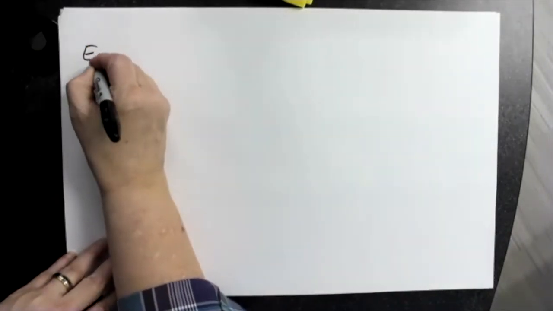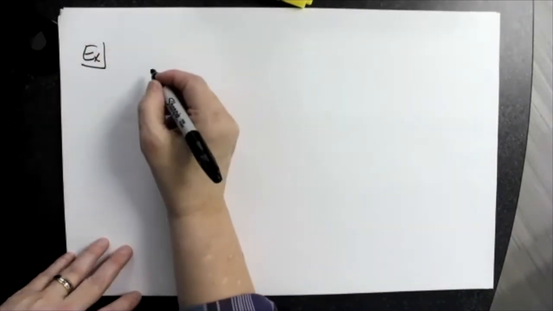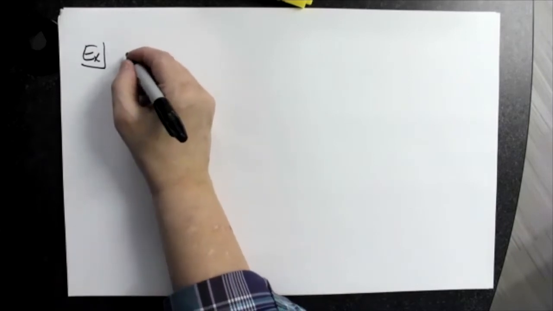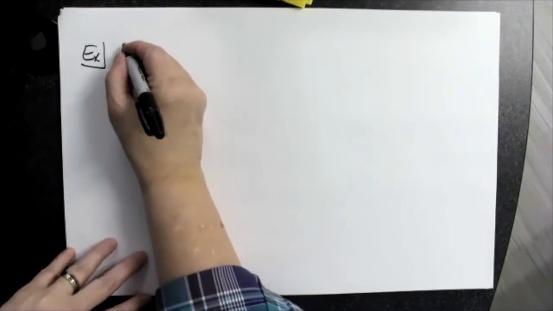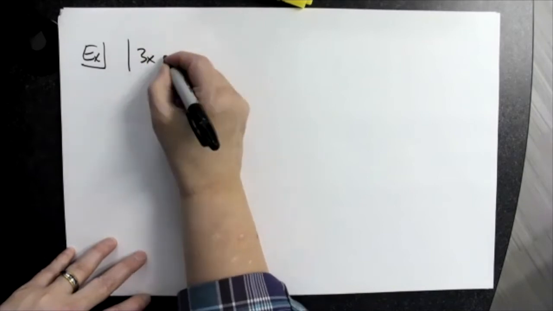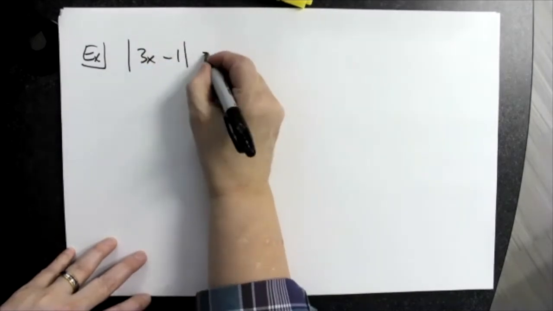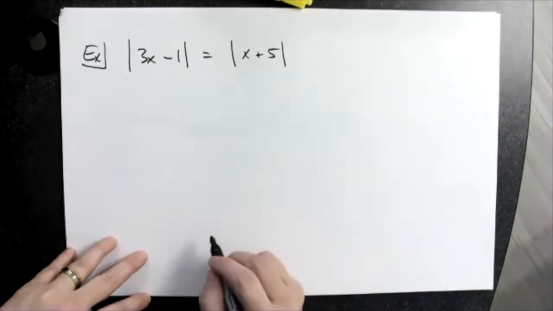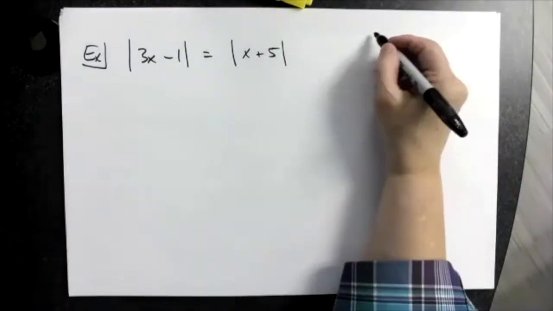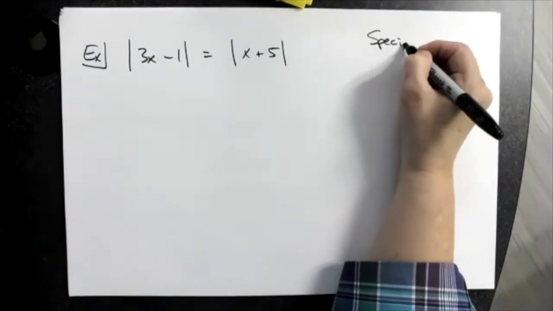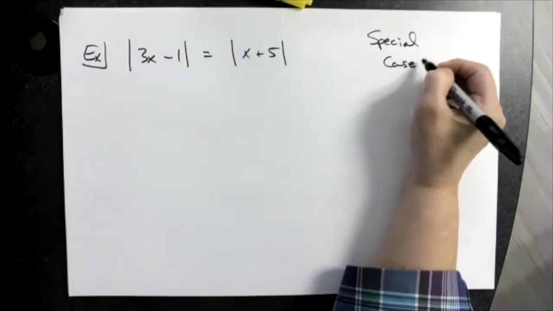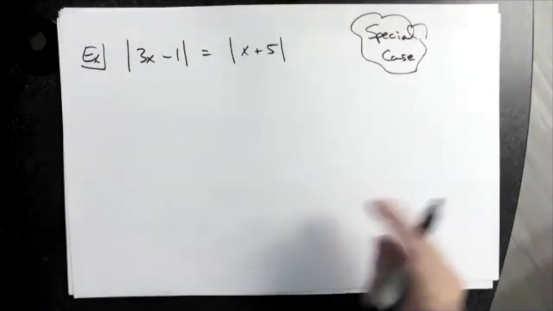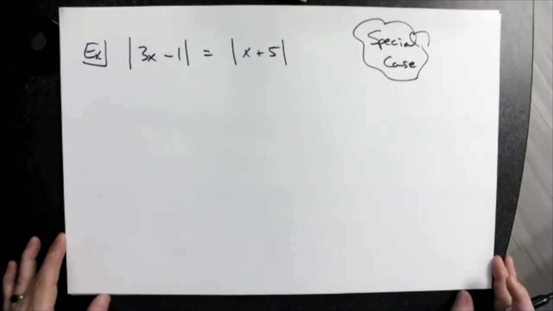So what are you going to do when you encounter, say, the absolute value of 3x minus 1 equals the absolute value of x plus 5? I guess you could say this is another special case, though I don't know that it necessarily is; it's just not a constant on the right-hand side.